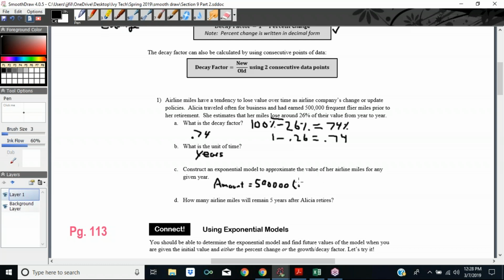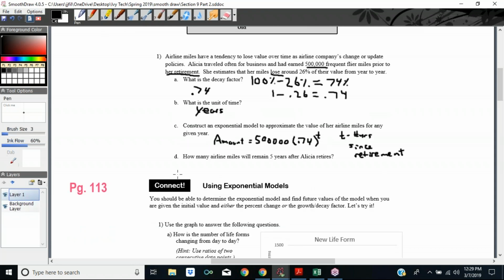Then the decay factor, 0.74 to the t power, and note that t is the number of years since retirement, since it says she has 500,000 when she retires. And then it asks how many will remain after 5 years.